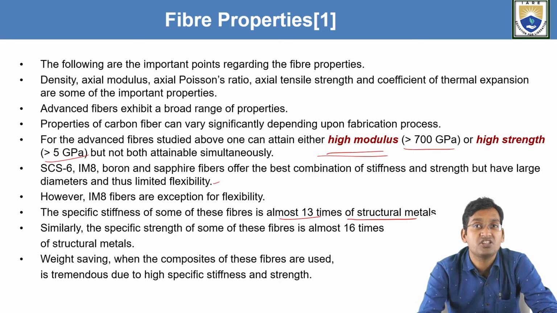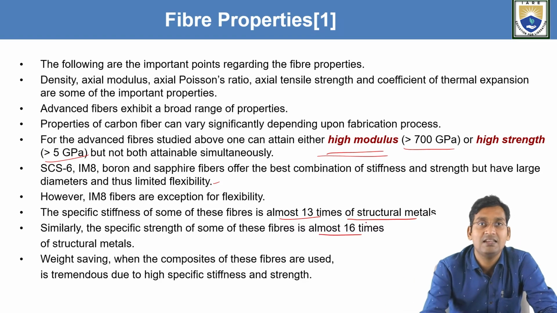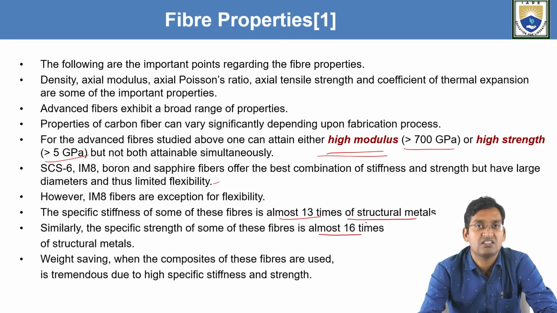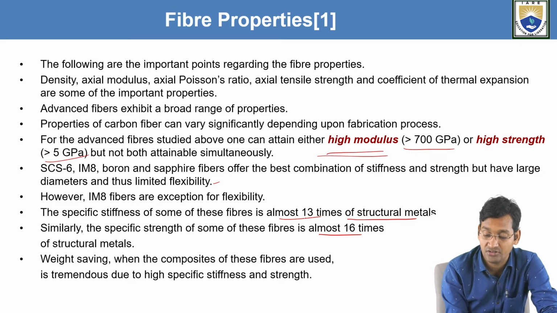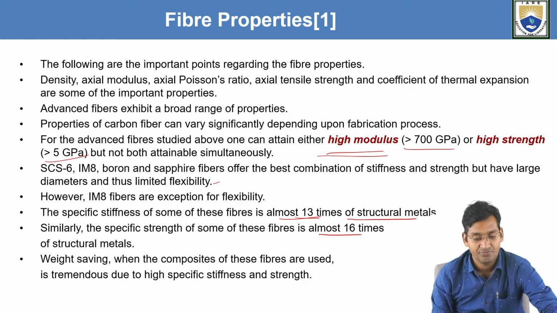Similarly, the specific strength of some of these fibers is almost 16 times that of the structural metals. Weight saving when composites of these fibers are used is tremendous due to high specific stiffness and strength.